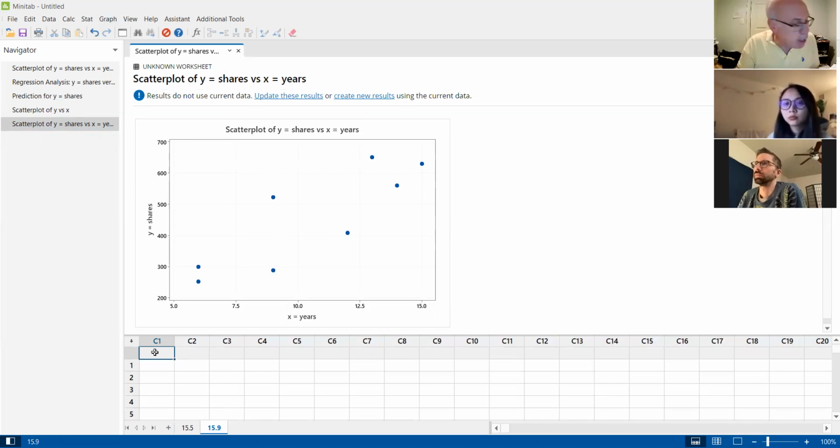So I'm going to put this into Minitab. You can just type right into this row just above where the spreadsheet begins. Type in the name of the column. X is equal to years. I think you've already done that, correct? You did that, okay. But this is for the benefit of others also. And we'll type in shares here.